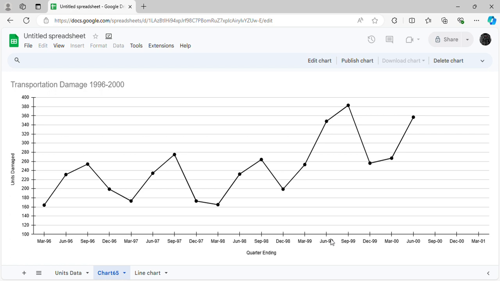And June and September values are very close. And we also see the values are quite steady, but it starts to increase in 1998. So it shows an increasing trend.